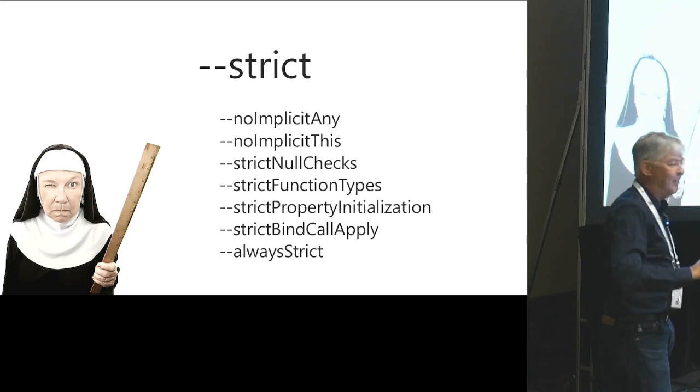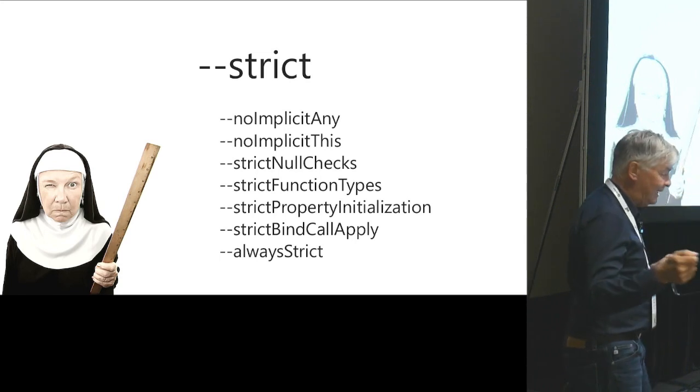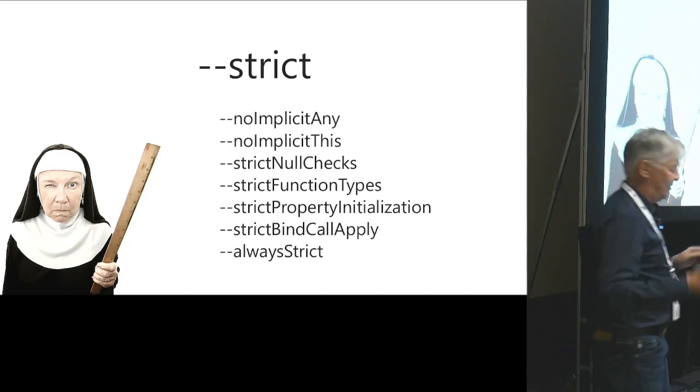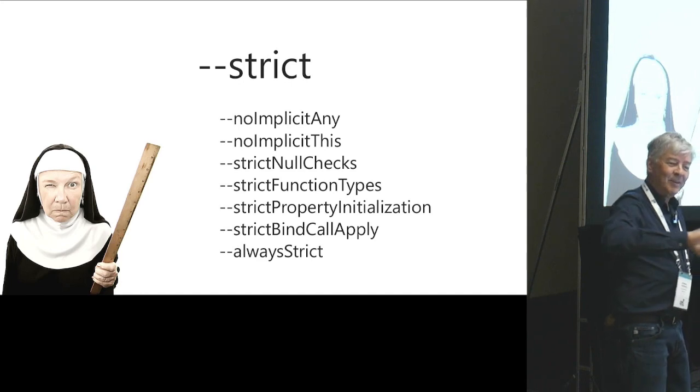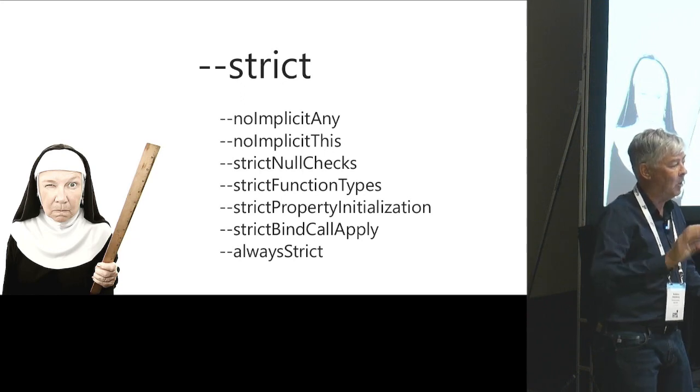There are no implicit any's ever inferred in that mode. There are only the ones that you explicitly ask for. Nulls are strictly checked, etc., etc. But again, we've in a sense turned the type system from a switch into a dial, right? And you can dial up how much checking you want.